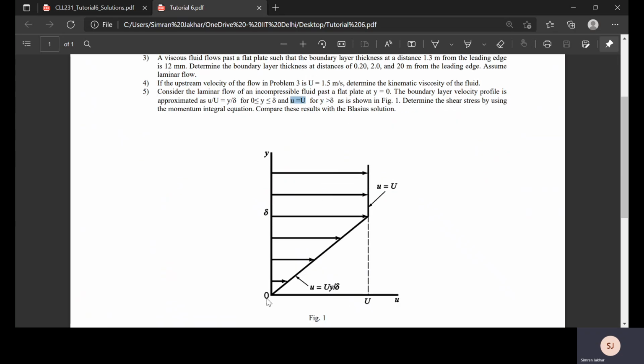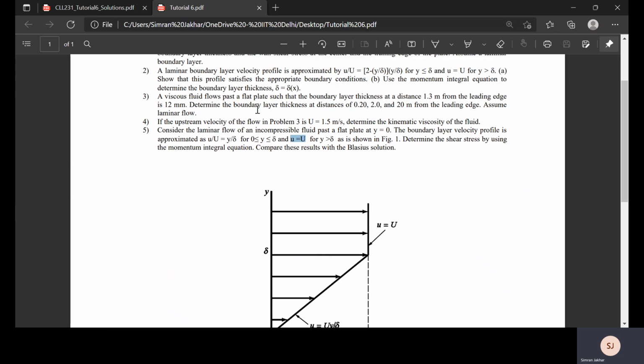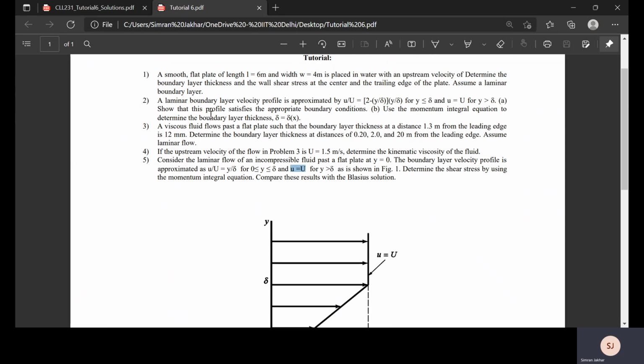The velocity profile is shown in figure 1, and we have to find the shear stress using the momentum integral equation, and compare these results with the Blasius solution. This is similar to what we solved in the second problem, part B. Both are quite similar.